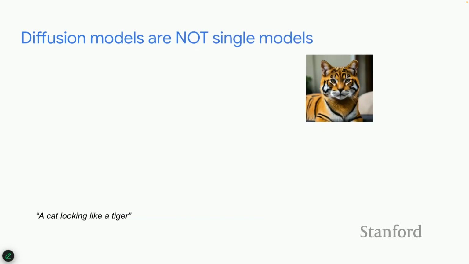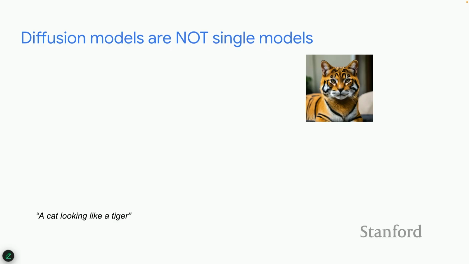Now let's take a step back and start developing a mental model of what it takes to have a state-of-the-art text-to-image model. Let's say I want to get from this text prompt, a cat looking like a tiger, all the way up to the image on the top. What does it take? What are the components that we are looking for? How should they be connected?